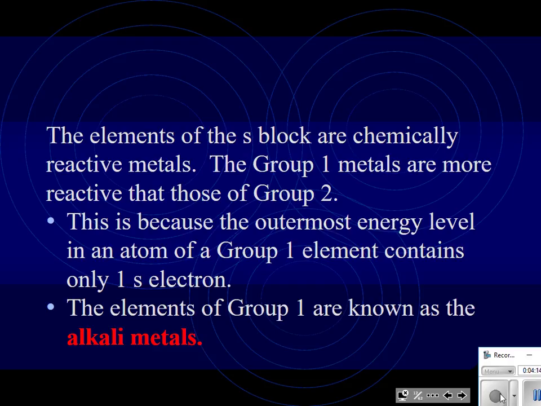The elements of the S block are chemically reactive metals. The group 1 metals are more reactive than the group 2 metals. This is because the outermost energy level of an atom of a group 1 element contains only one S electron.